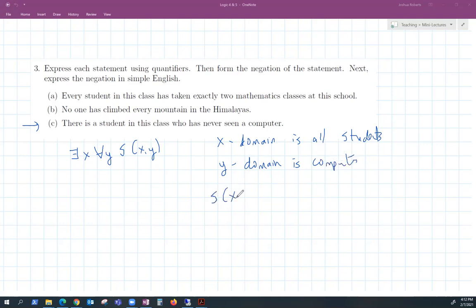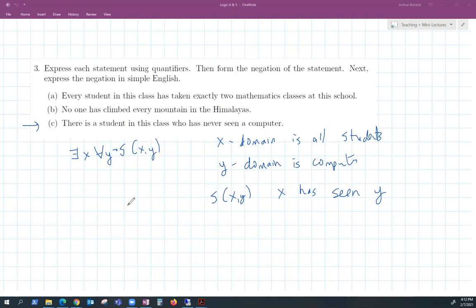And then S of X and Y is going to be X has seen Y. So saying there is a student in the class who has never seen a computer, I would have to put a negation right there. So there exists a student such that for all computers, the student has never seen a computer.